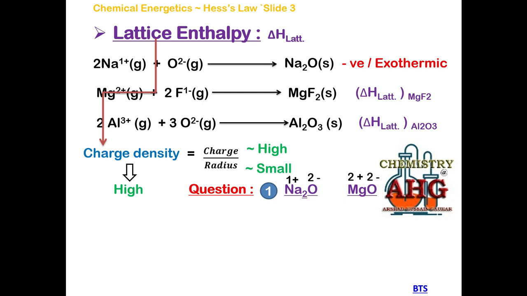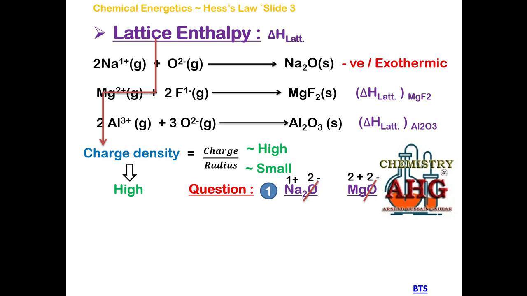Now, one more thing that you can notice, in both these compounds, one ion is common. You can always ignore the common ion. The common ion cannot play any deciding role in deciding lattice enthalpy. So right now, which ion will you focus on? You will only look at the positive ions, sodium and magnesium. Which ion is having high charge? You can see magnesium is having high charge.